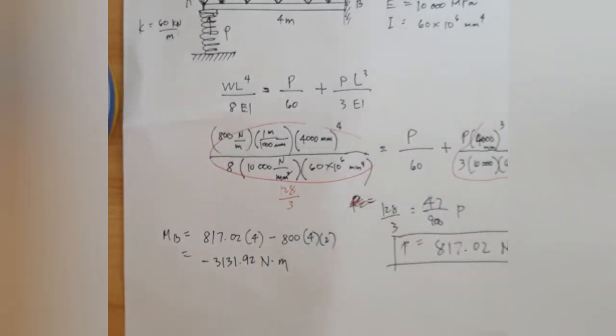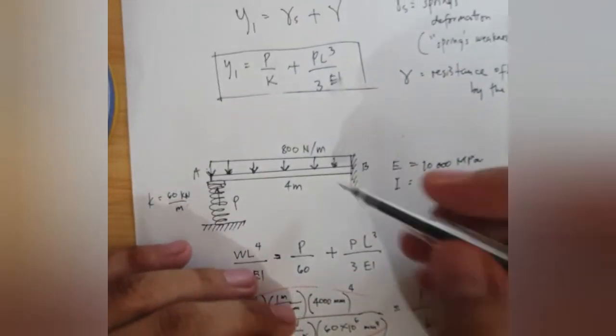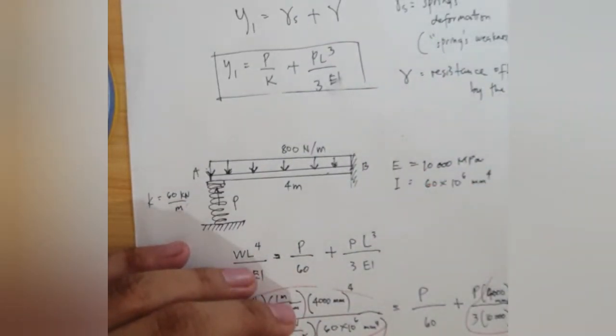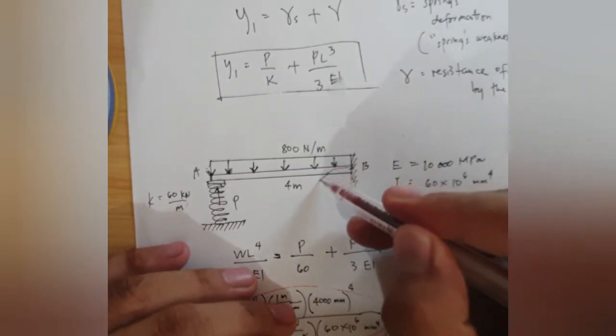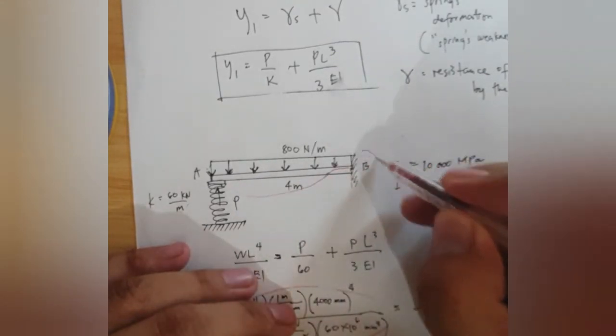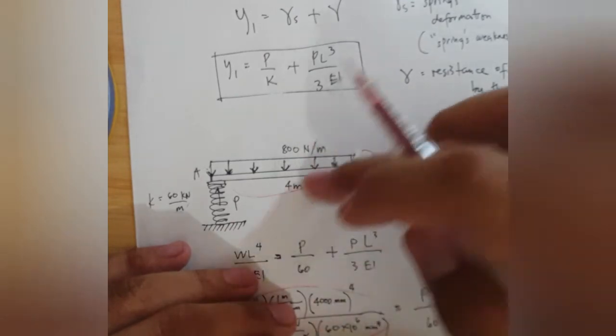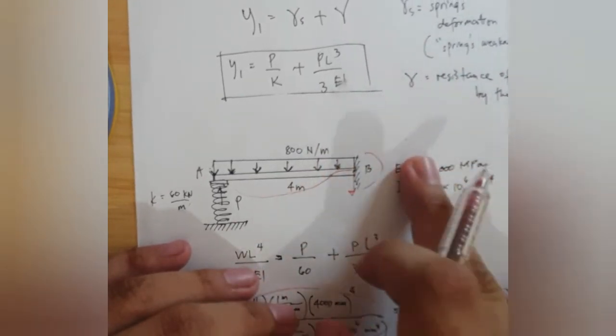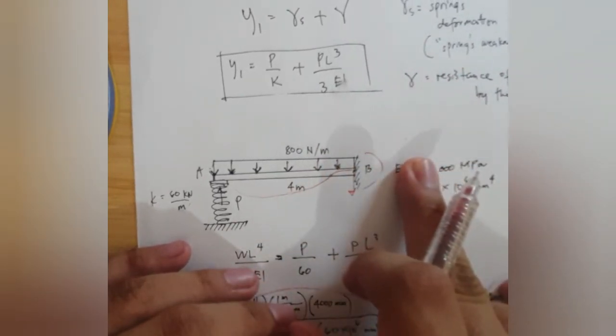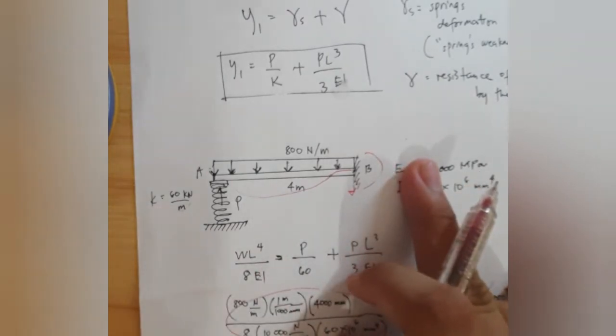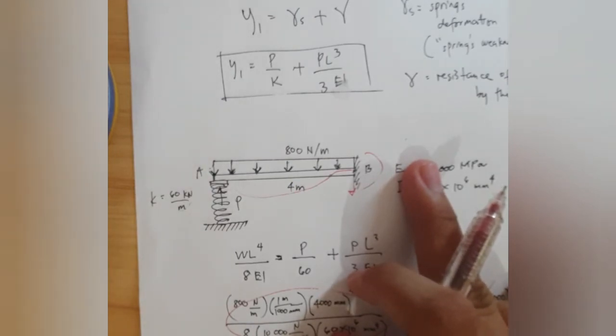So it is negative because the beam is still straight, it tends to deflect. So that is concave upward bending, which is not the conventional bending of the beam. That is a negative bending, negative moment.